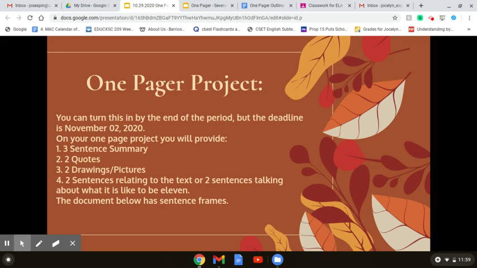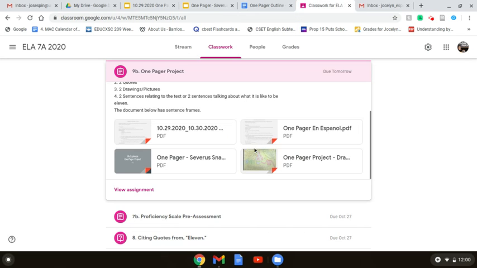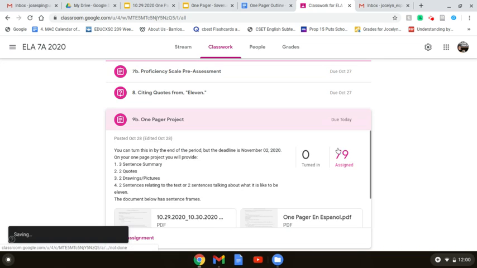On your one-pager project, you will provide a three-sentence summary, 2 quotes from the story "Eleven," 2 drawings or pictures that are relevant to the story and the character you are talking about, and 2 sentences relating to the text, or 2 sentences talking about what it is like to be 11. In the document on Google Classroom, you will see that there are sentence frames. That is going to be 9B on Google Classroom.